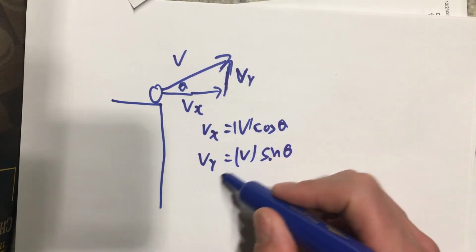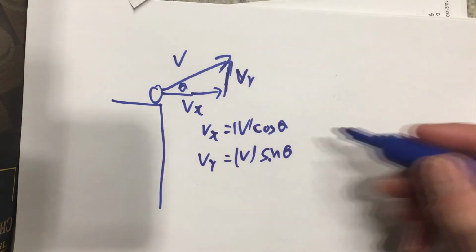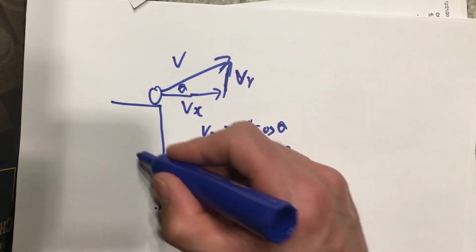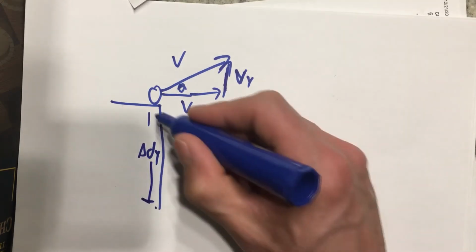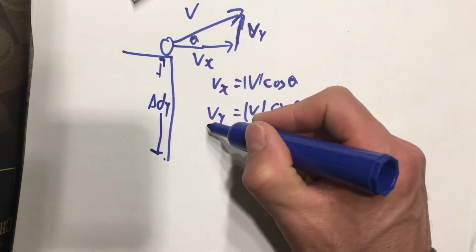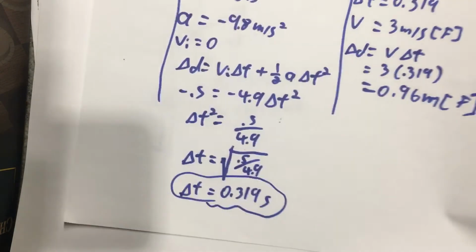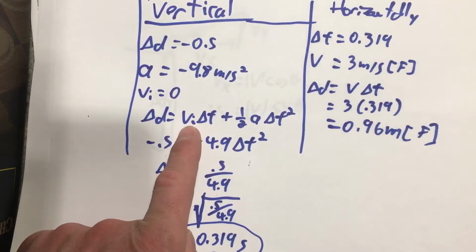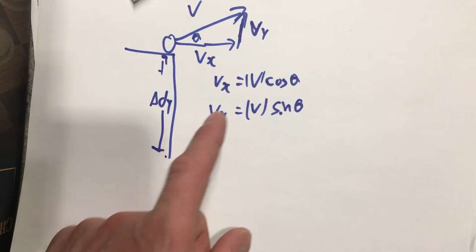And then you could use those components. You could use that vertical component to determine the time that this was in the air. Now, you would also have your y component of your displacement, and it would come out as a negative. When you set up your quadratic, the difference is you have an initial velocity, so you'll have to use the quadratic formula to solve it.